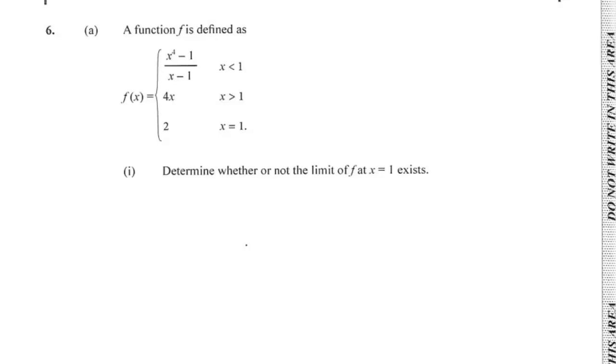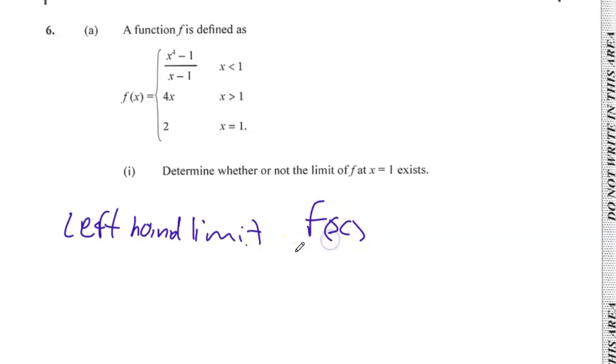Question 6. Determine whether or not the limit of f at x equal 1 exists. Let's test the right hand limit and the left hand limit. So the left hand limit, evaluating the function as x approaches 1 from the left.